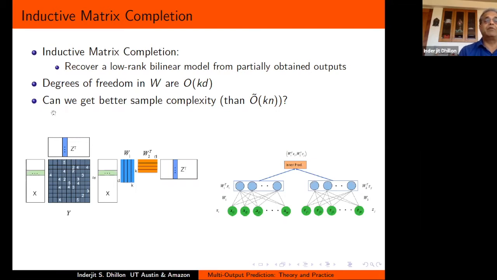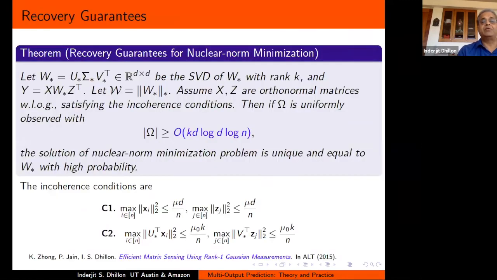Note that the degrees of freedom in this coefficient matrix are not n times k, but actually d times k, where d is the dimensionality of the feature representation. So it turns out that yes, you can show these results.